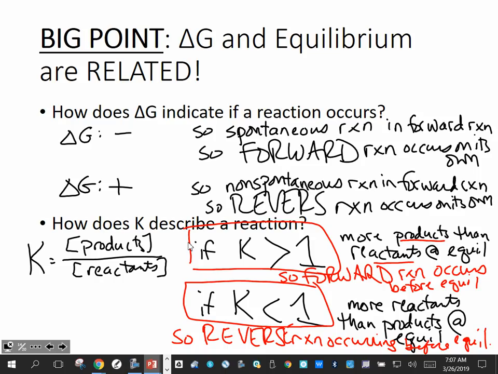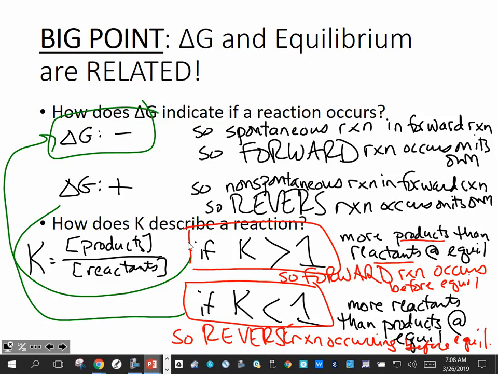We have this statement about K being greater than 1 talking about the forward reaction occurring on its own, which, oh my goodness, delta G being negative is saying the exact same thing. And likewise, if K is less than 1, then the reverse reaction must have been occurring on its own, which, oh hey, look, delta G is positive. That is saying the exact same thing.